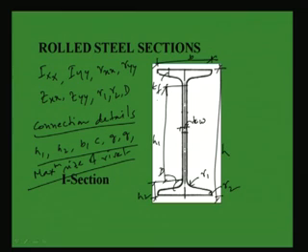And what is B1? B1 is from here to this, right, and G is here, you will get some rivet hole for riveting, etc. So, this is the gauge distance G, right.